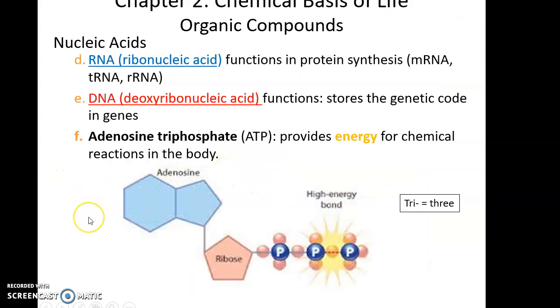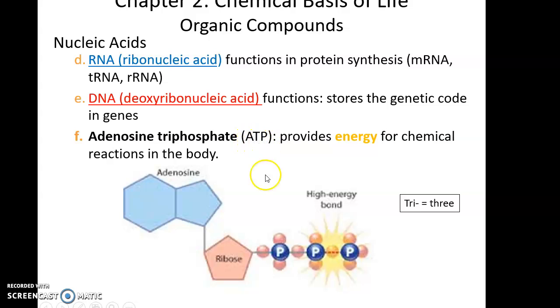And then there is a third nucleic acid called adenosine triphosphate. Adenosine triphosphate, you take a single nucleotide, a single ATP nucleotide, called ATP because the base is adenosine. So A for adenosine, T for triphosphate, P for the phosphate as well.